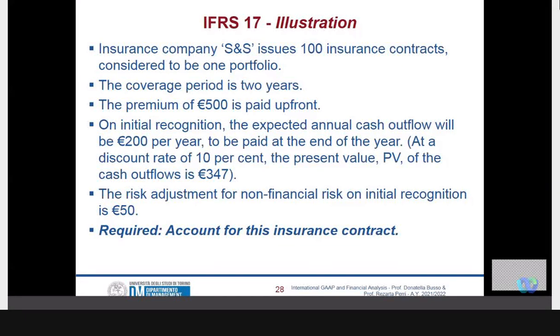Again, you see that you are not required to discount the cash flows yourself. This is something that is considered to have been studied somewhere else. The exercise tells you directly that these cash outflows, €200 per year, when discounted to the present with a 10% discount rate, mean €347.